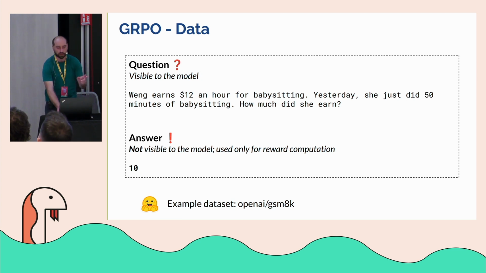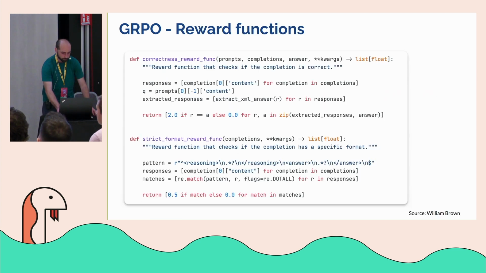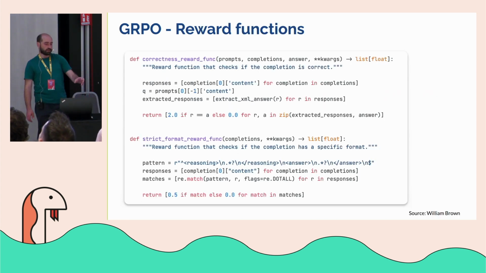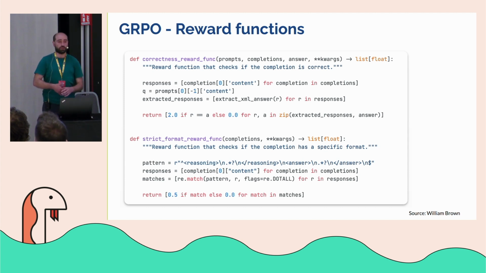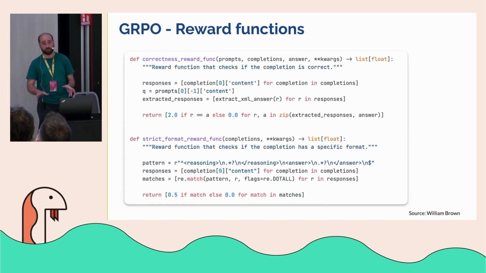So let's take a look at them. In this case, the first one is a correctness reward function. So here we compare the right answer with the answer given by the model. And this function returns 2 if the answer is correct and 0 otherwise. Pretty simple.